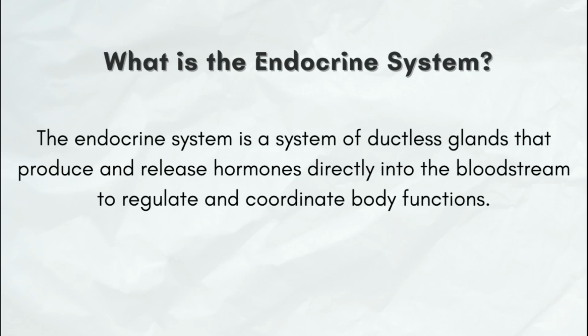What is produced is the hormone. So hormones are produced from glands, and glands make up the endocrine system. When those hormones are released, they regulate and coordinate the body's function.